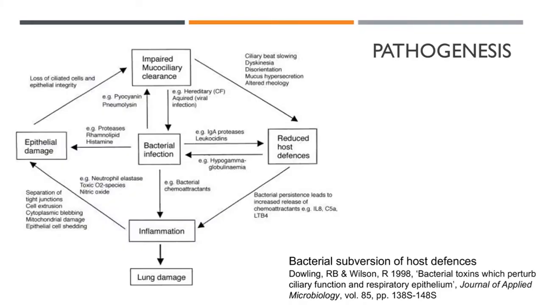Bacterial infections in the respiratory tract are caused by a combination of factors. Impaired mucociliary clearance, reduced host defences, and tissue damage, most often in the form of epithelial damage, all play a role in establishing an infection. Tissue damage is often caused by a primary agent, such as a virus or mechanical injury, and bacteria will invade as a secondary pathogen.